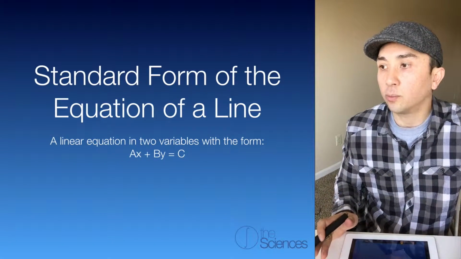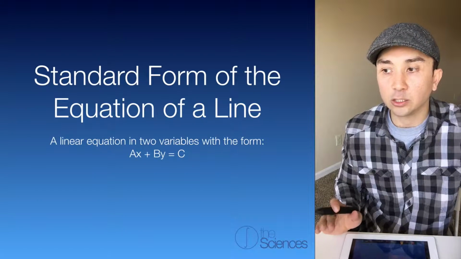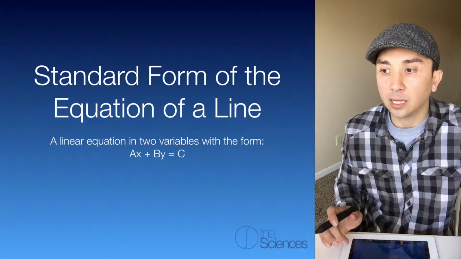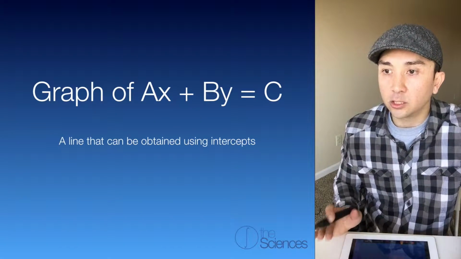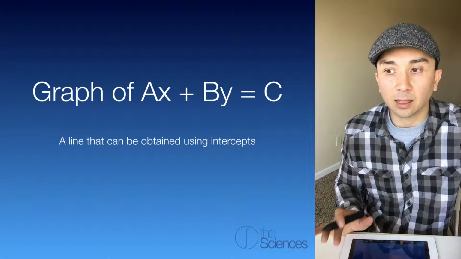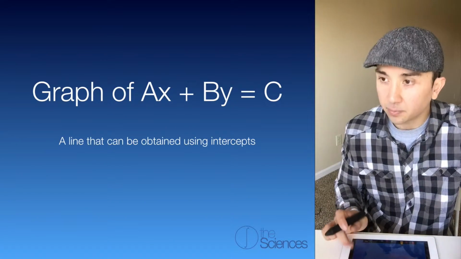Now the standard form of the equation of a line is a linear equation in two variables with the form ax plus by equals c. A graph of ax plus by equals c is a line that can be obtained using intercepts.